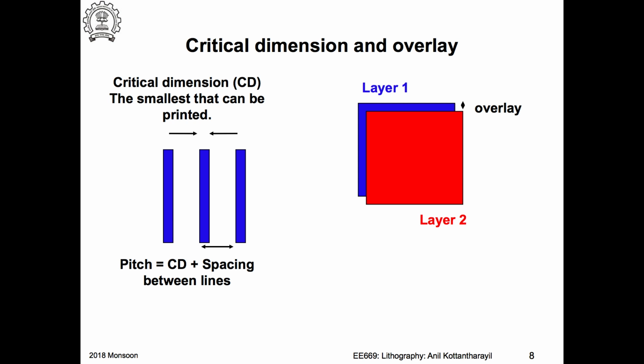Now, one very important thing that we should consider is that suppose I have these parallel lines, and I have a single line, isolated, far from other things. The smallest feature size I can print for an isolated line and a dense array of lines would be different, and the difference comes from what?